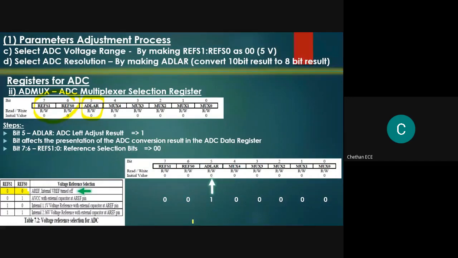The ADMUX hex value will be ADMUX equal to 0x. Kindly answer in the chat box. I want to make bit number 5 as 1, and bit number 7 and 6 as 0 and 0. Tell me the hex code for the ADMUX register.